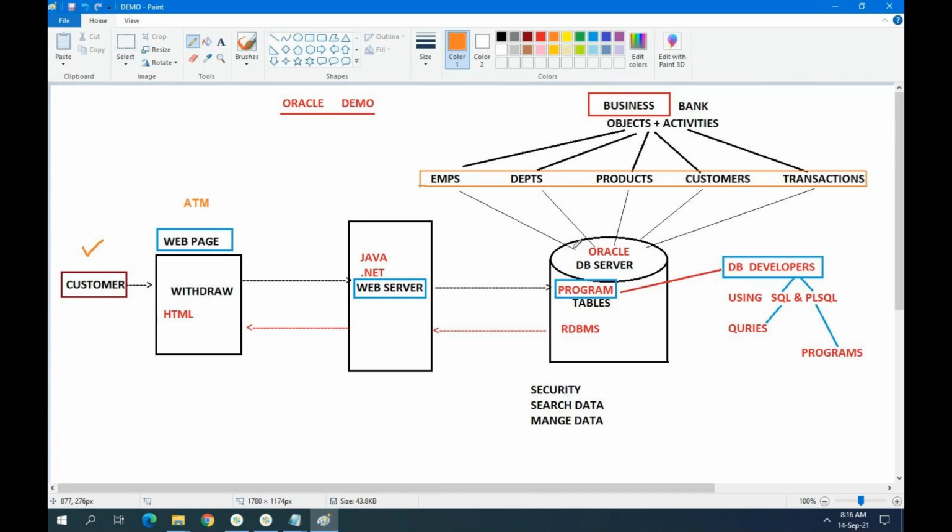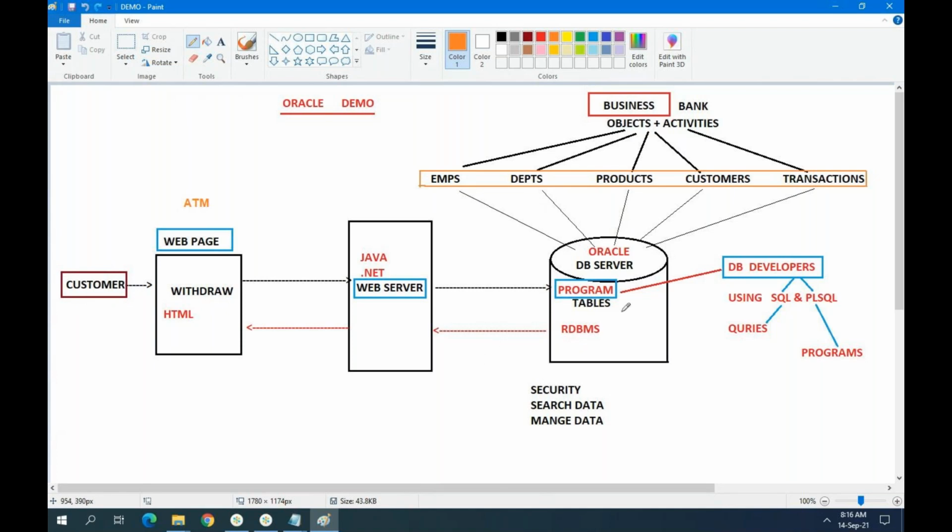If I want to withdraw money, I don't need to visit my bank again and again. I just go to a nearby ATM and withdraw it. Communication with the business is easy. That is the benefit to the customer.